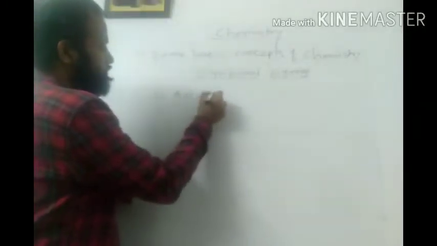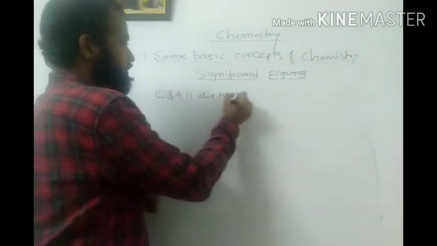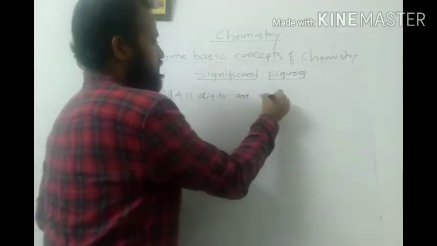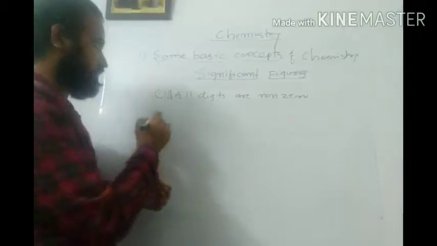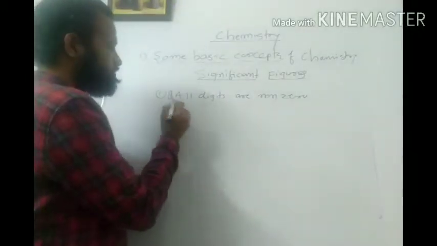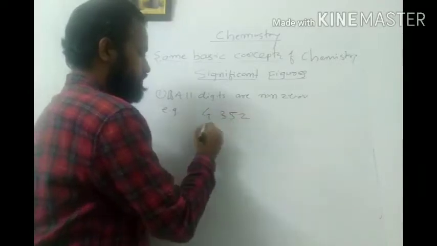If all digits are non-zero, then these are known as significant figures. For example, let us say 4.352 is a given number.